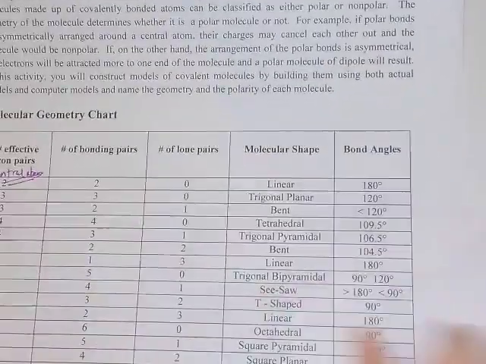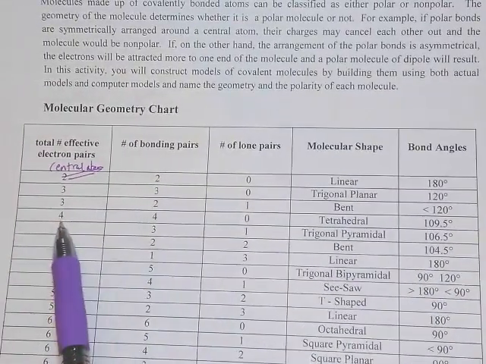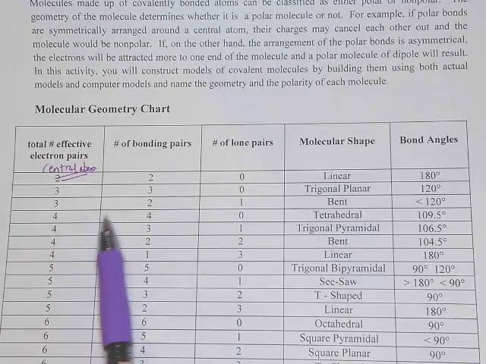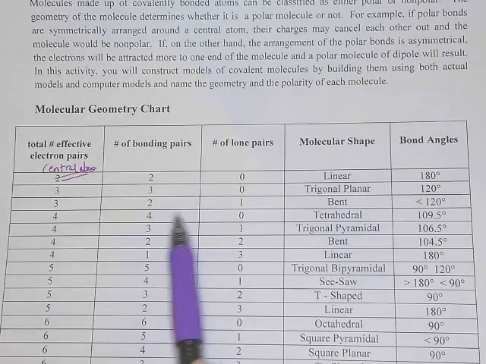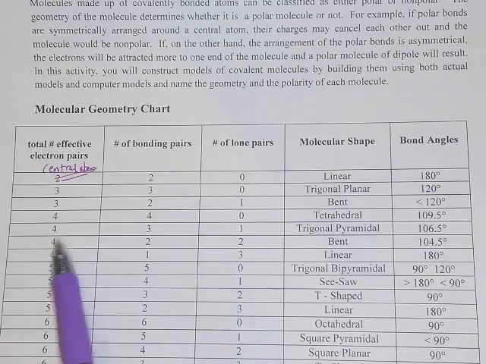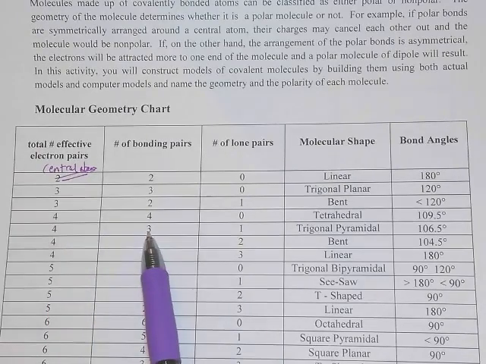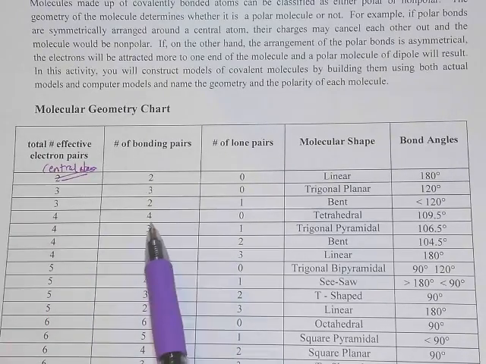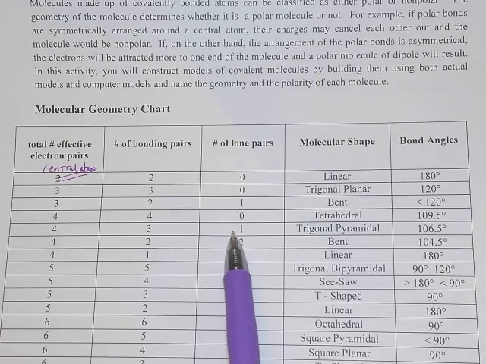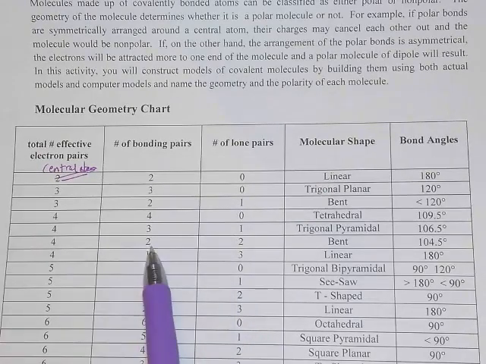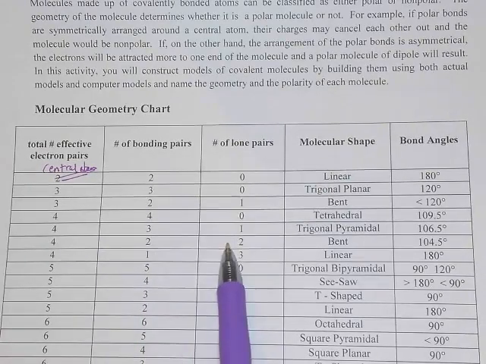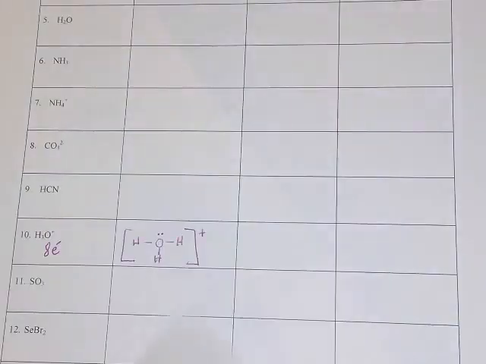So let's look at our cheat sheet. We're going over to the 4s. So we have 4 effective pairs. Now notice, we have 4 pairs with none of them being lone pairs. We have 4 pairs with 3 of them being bonding and only 1 lone pair, and 2 of them being bonding and 2 of them being lone. So let's go back and look at our structure.